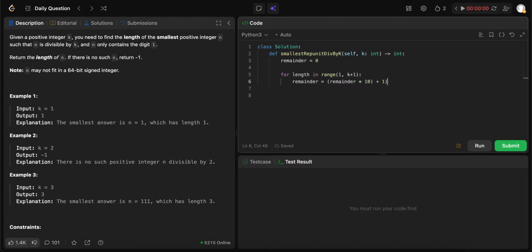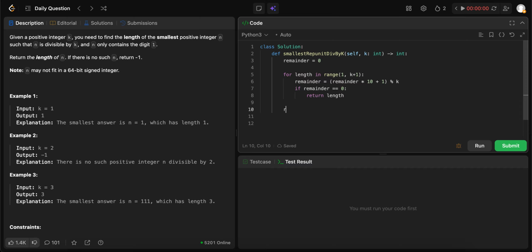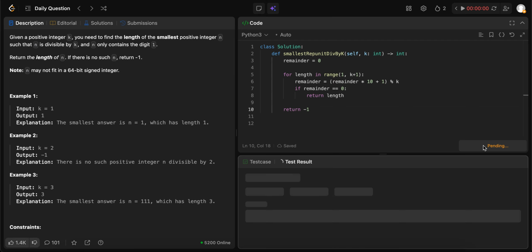Oh right, and then we have to mod everything. I guess I can just do it like this. Remainder times 10 plus 1, mod k. And then if remainder is 0, we'll return length. Otherwise, we'll return -1.